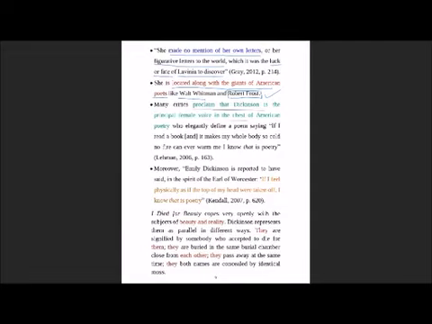So she elegantly defines a poem, saying, if I read a book and it makes me so cold, no fire can ever warm me, I know that is poetry.